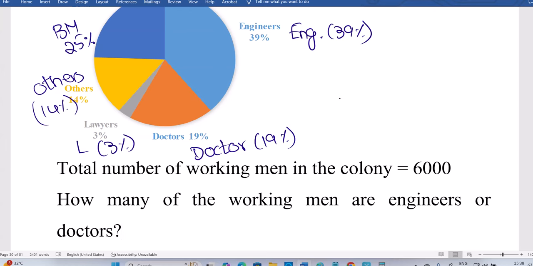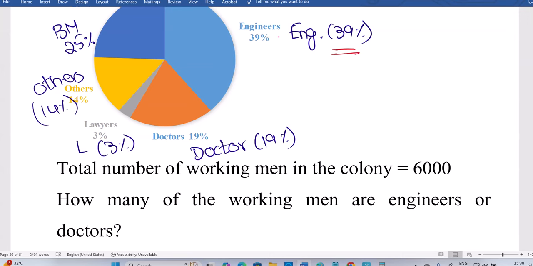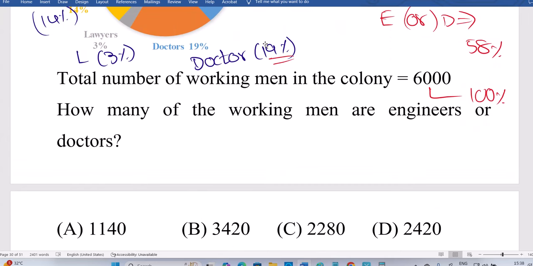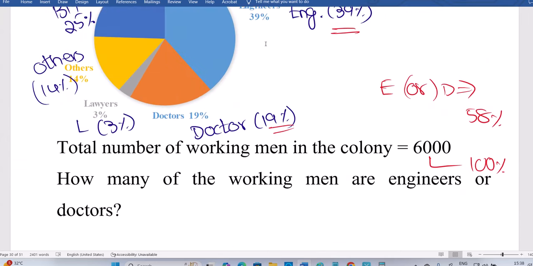Question is engineers or doctors. Engineers are 39%. Doctors are 19. Engineers and doctors here indicates 58%. So 100% is 6,000. 58% is 58 into 60.